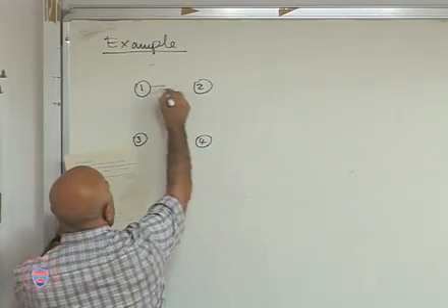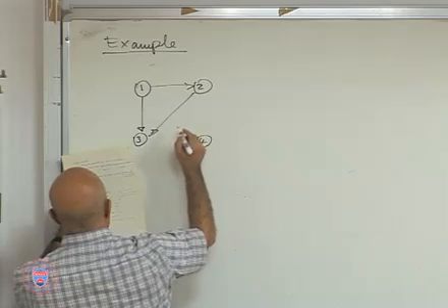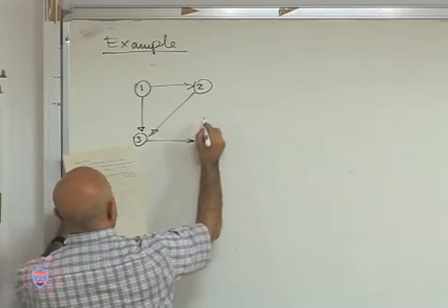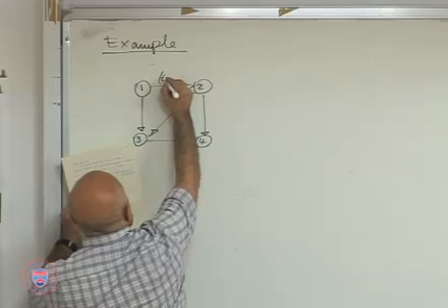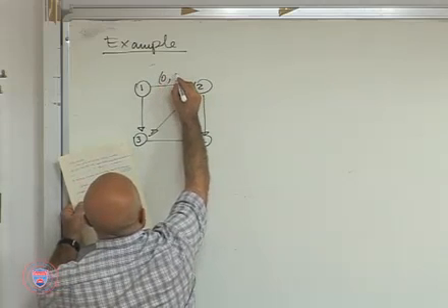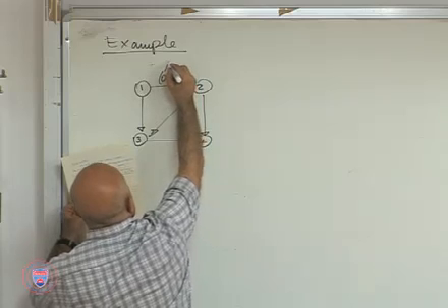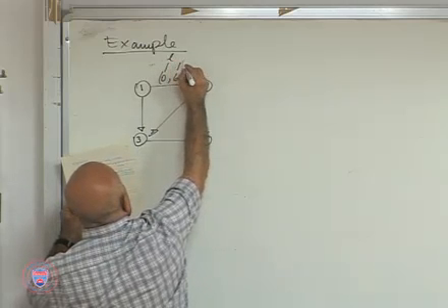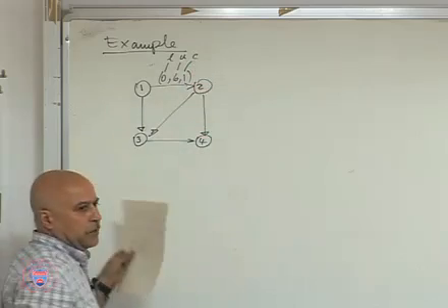All right, so here's a simple network. The first entry refers to the lower bound. The second entry refers to the upper bound. The third entry refers to the cost element.